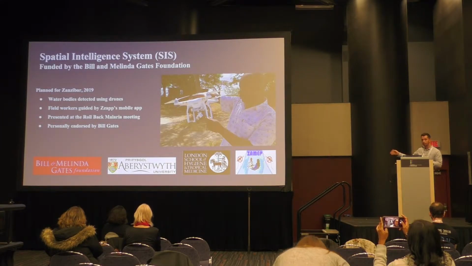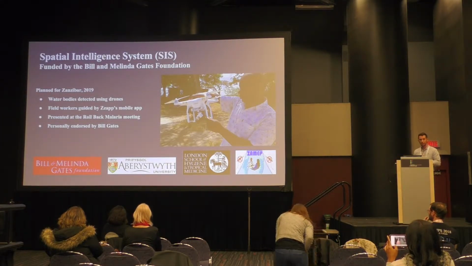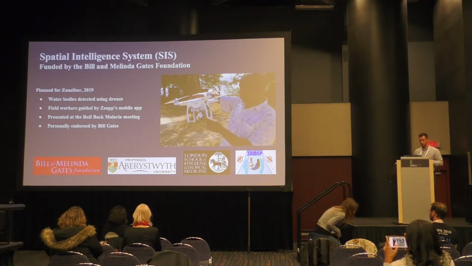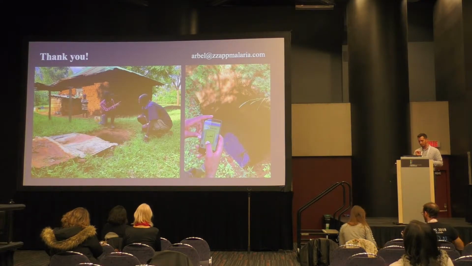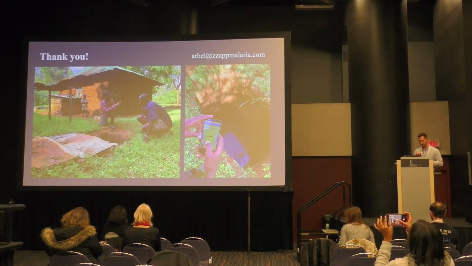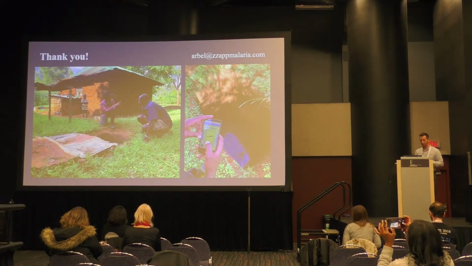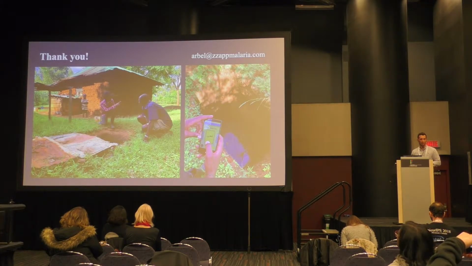And this specific project was supported by the Bill and Melinda Gates Foundation, which deals mostly with malaria. This is us in the field, locating larval habitats, which hopefully we'll use to train our algorithm and be able to inform malaria elimination campaigns.